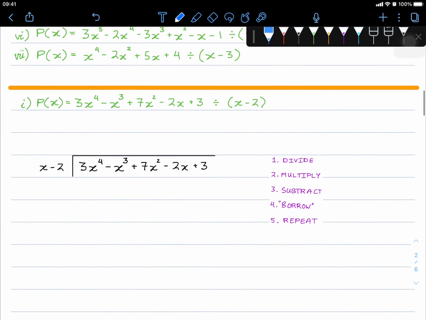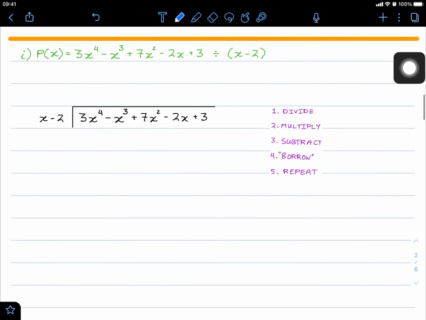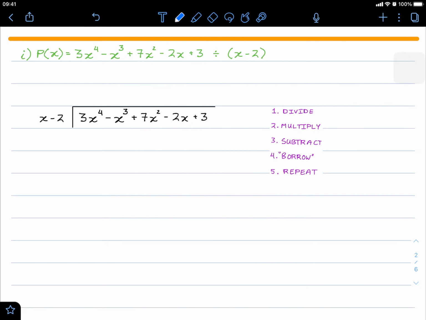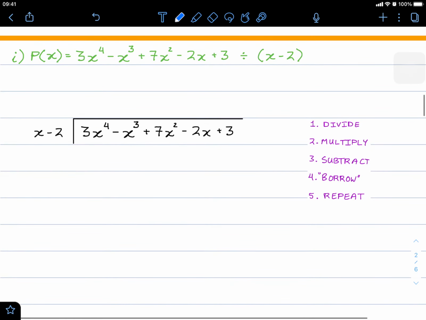So here's our first one. In order to learn how to do this, we simply follow this step here. We first divide, multiply, subtract, borrow, repeat. So let's demonstrate here. Looking at our lead term, we divide our lead term by the lead term of our divisor.